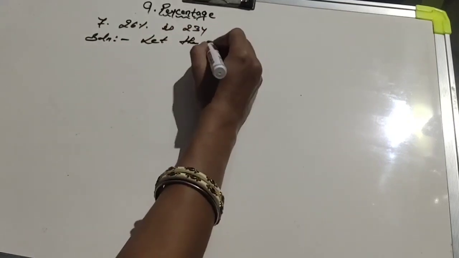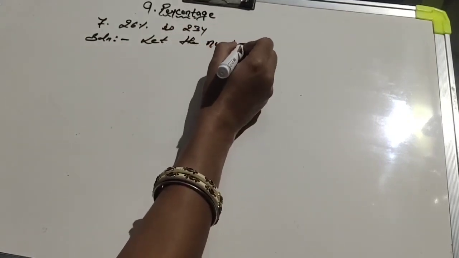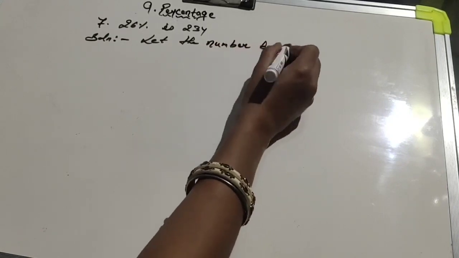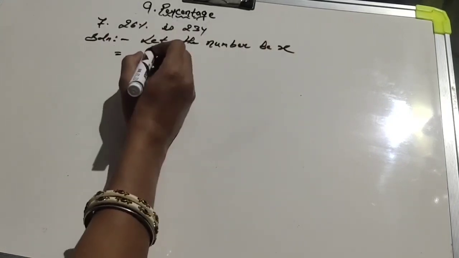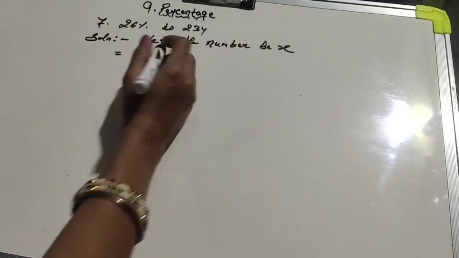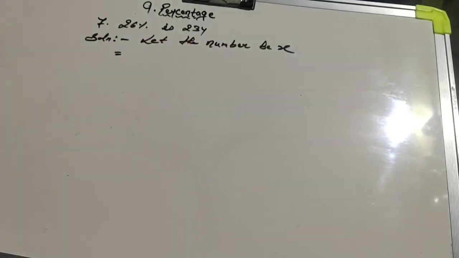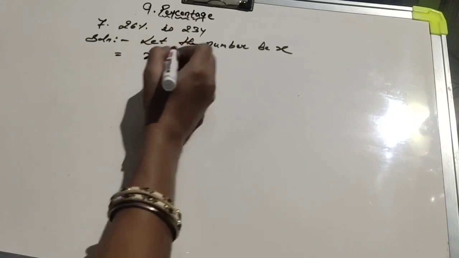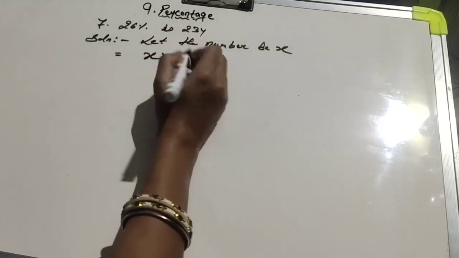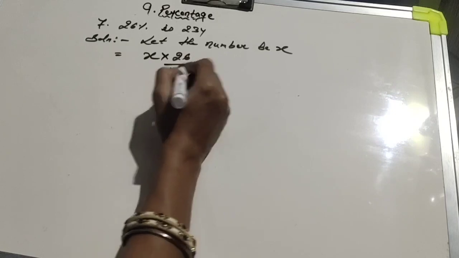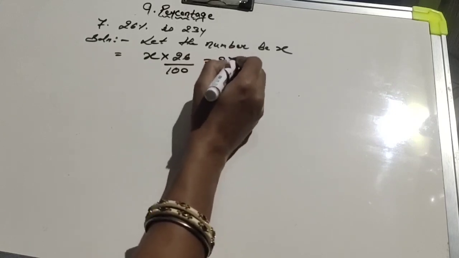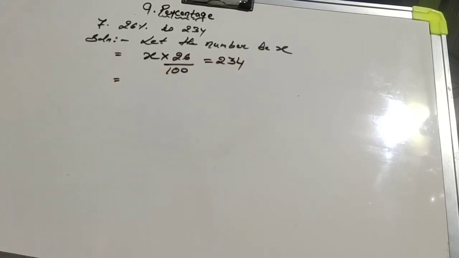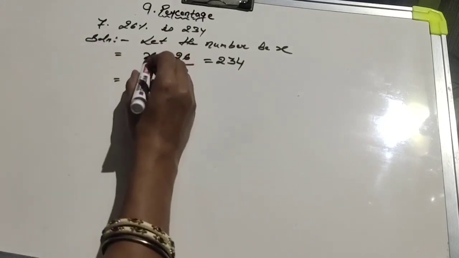Let the number be x, because we will find the number. So first of all we let the number be x. x multiplied with 26 by 100 is equal to 234.